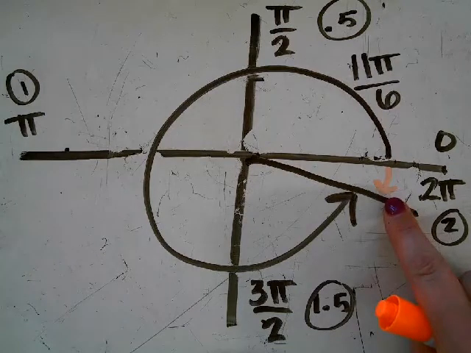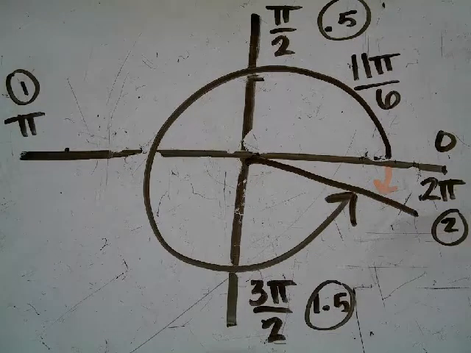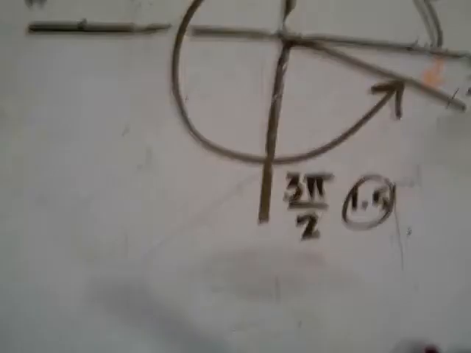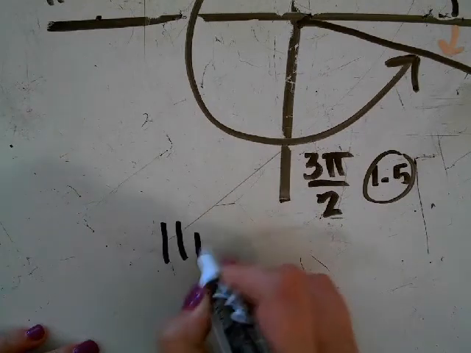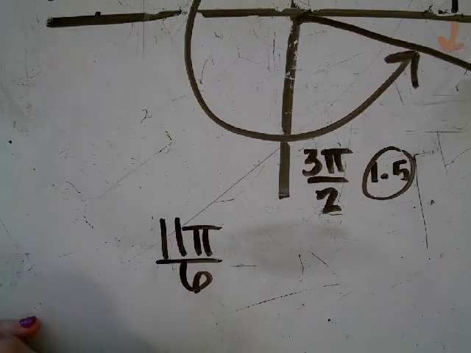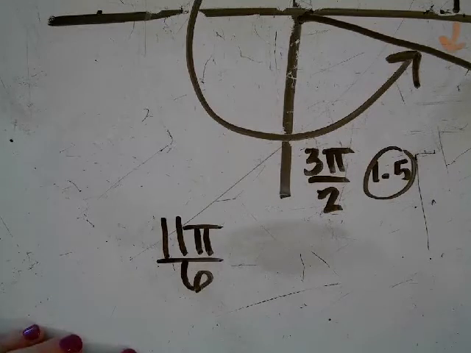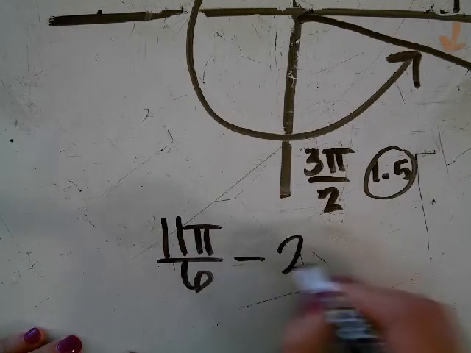Okay, now mathematically, the way that you can solve that is you can say 11 pi over 6, and to find a coterminal angle, you can either add a full circle or subtract a full circle. So in radians, what's a full circle? It's 2 pi. So we can subtract off a full circle. What's the fraction for 2? 12 over 6, okay?